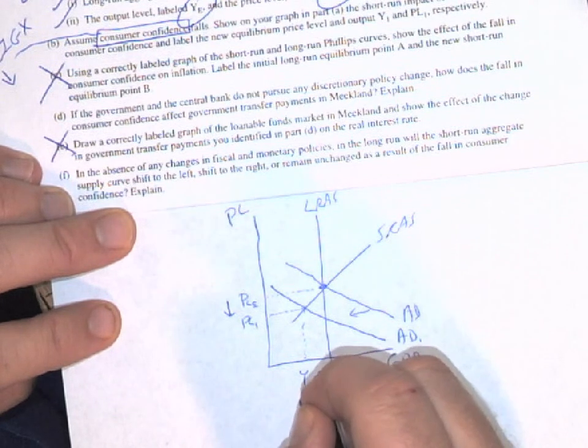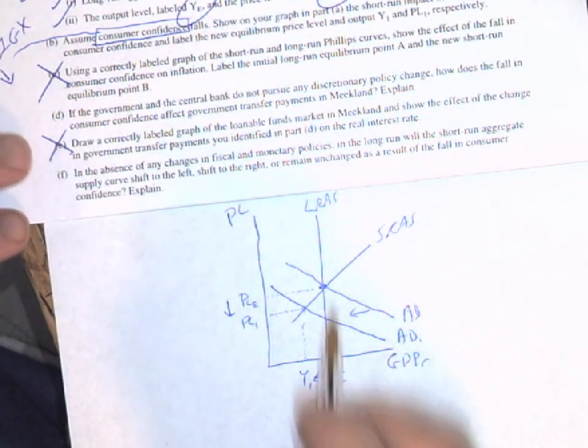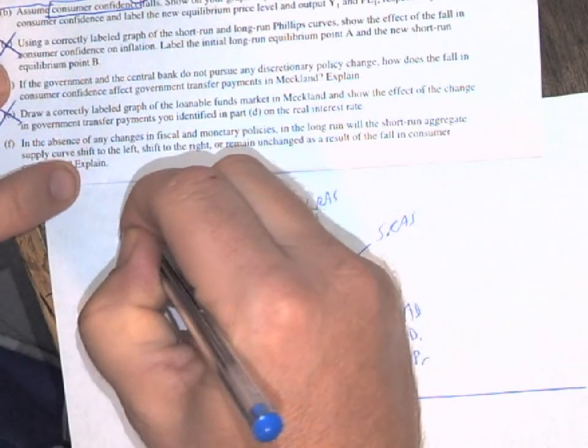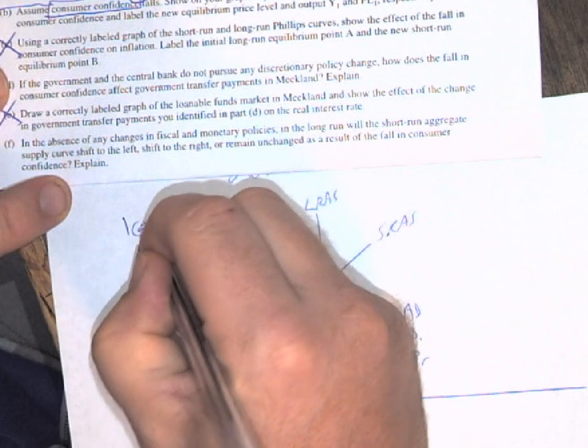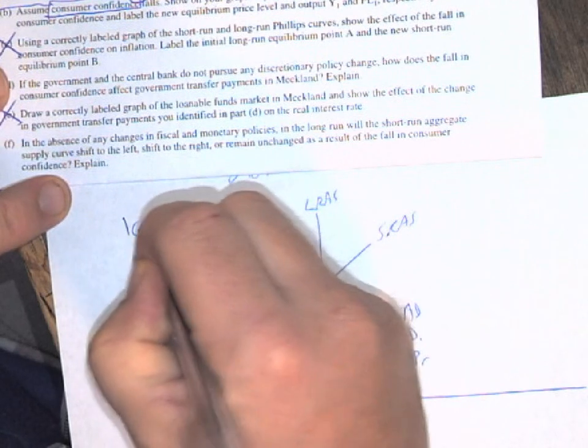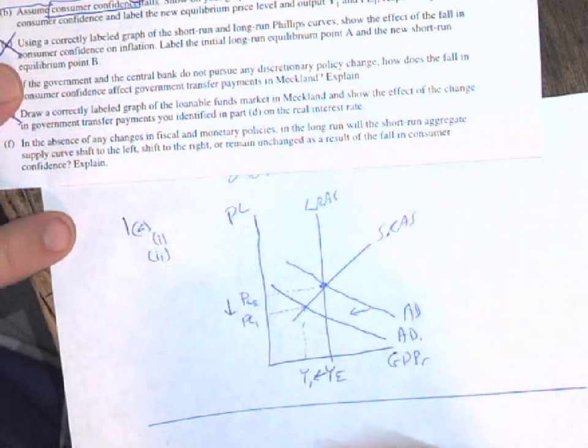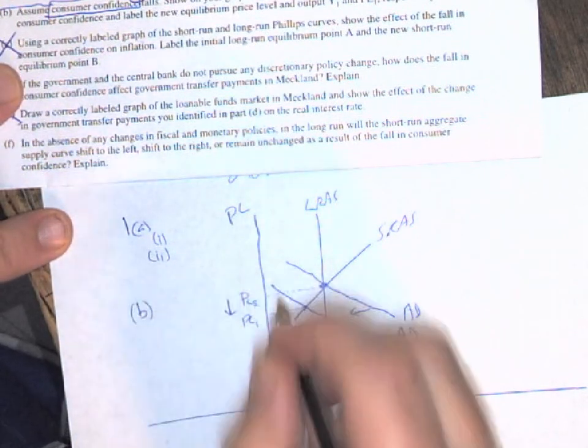It shows that we are now entered into a recession. So label this as 1A, then I, and II. So then we did B. Okay, those are all graphs.